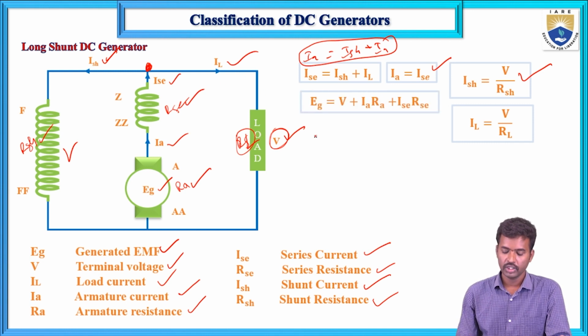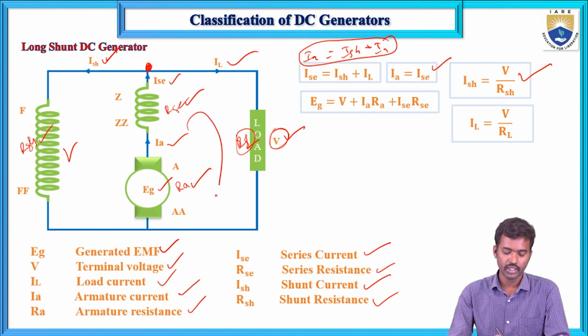Now EG equals V plus IA RA plus I series R series. If you apply KVL, the algebraic sum of voltages in the loop equals 0: minus EG plus V plus IA RA plus I series R series equals 0. The simplified equation is EG equals V plus IA RA plus I series R series.